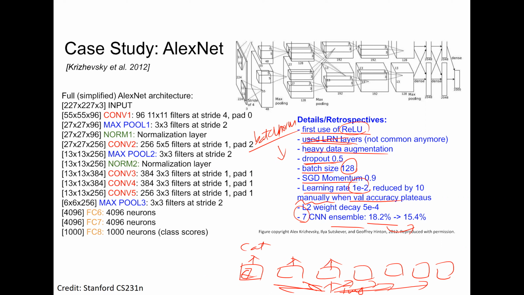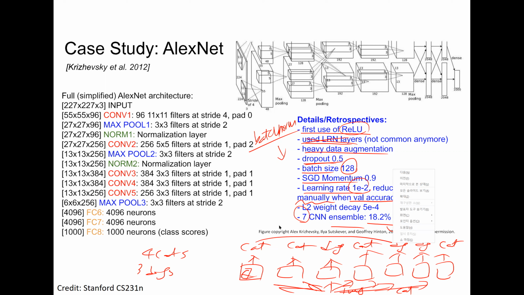Like for the cat image, they might say cat, cat, dog, cat, dog, dog, cat. And by voting, we have 4 cats and 3 dogs. And the final result is going to be cat. Therefore, by using multiple models, the accuracy improves.